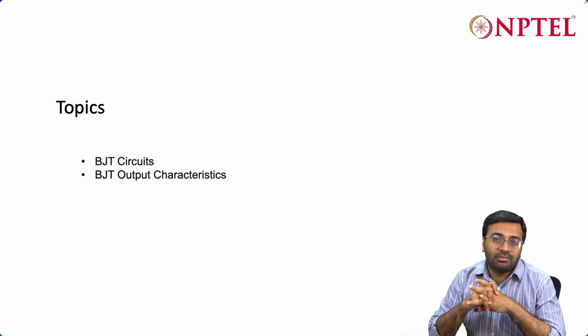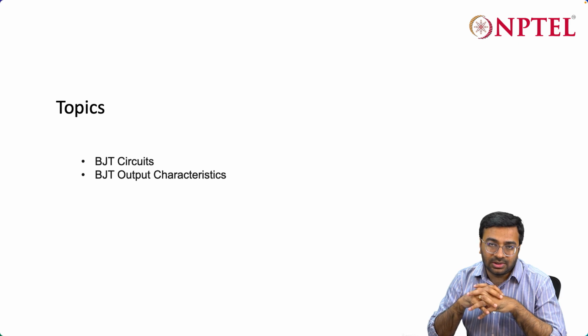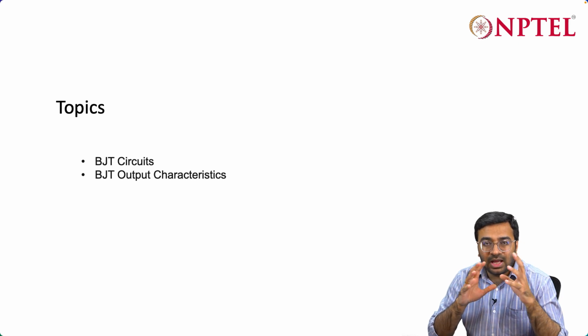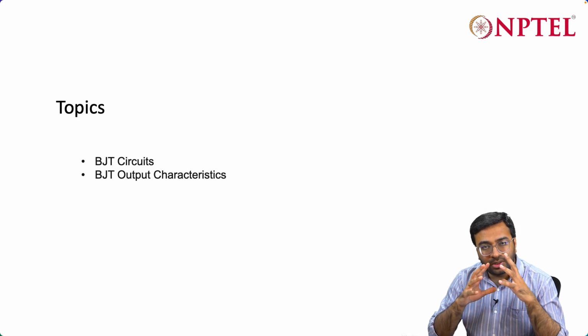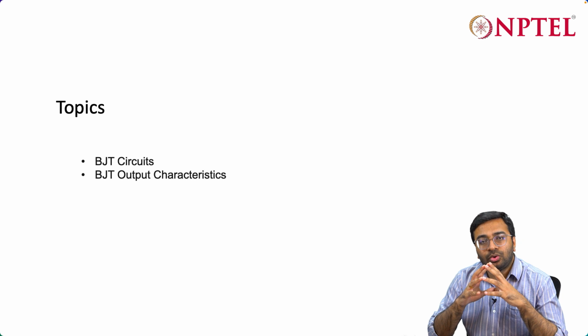So this is what we will study, and then we will go to BJT output characteristics, meaning the IV characteristics associated with BJT. So that we will discuss in this particular lecture.